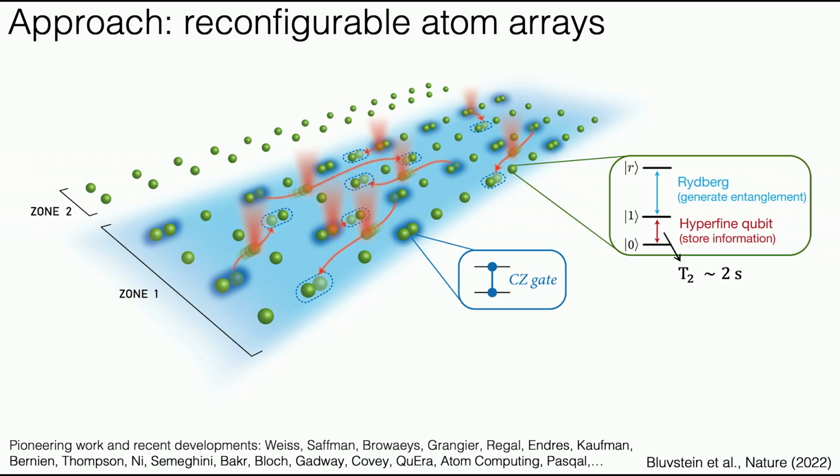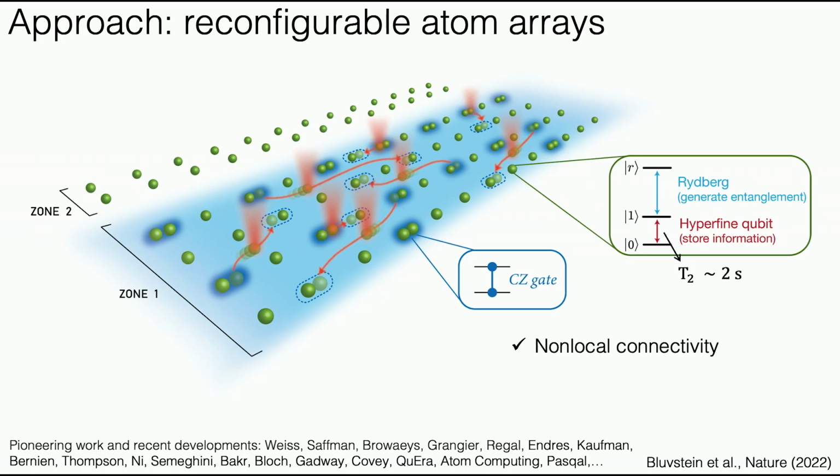And then for our 2-qubit interactions, we just pulse a global laser, which excites the atoms to these highly excited Rydberg states for a few hundred nanoseconds and allows atoms which are positioned next to each other to interact. And we additionally have single qubit addressing, so we can have universal quantum circuits within this platform.